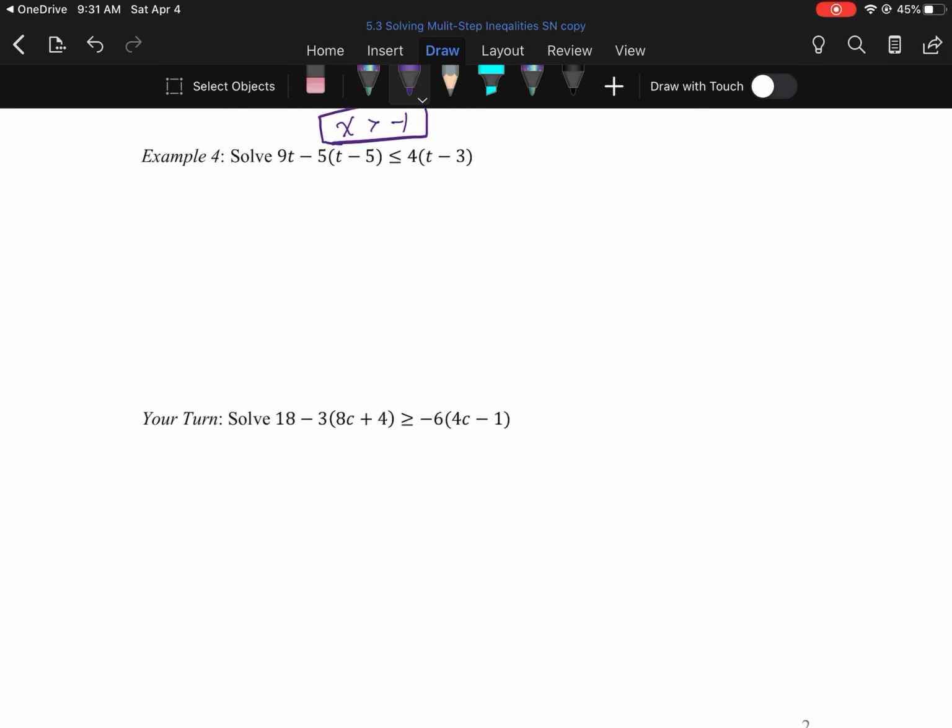All right, we have one more example and one more your turn. All right, so doesn't this one look fun?